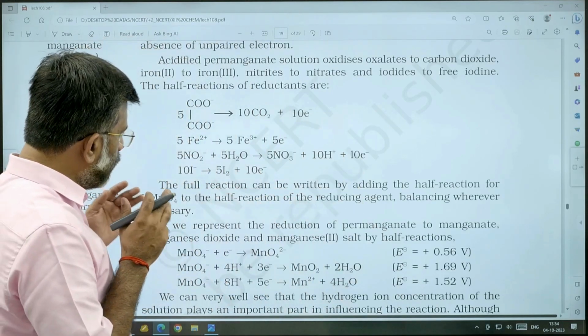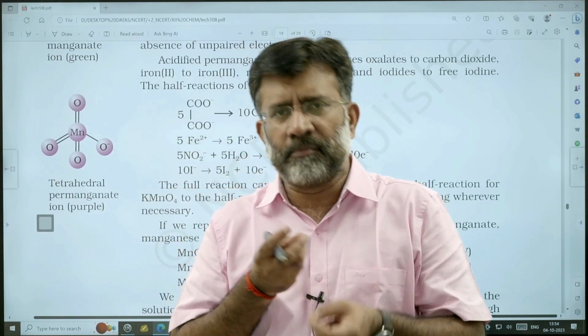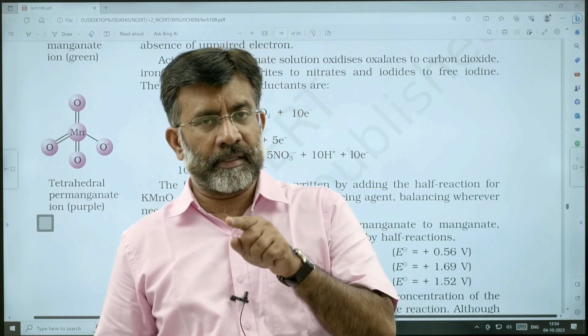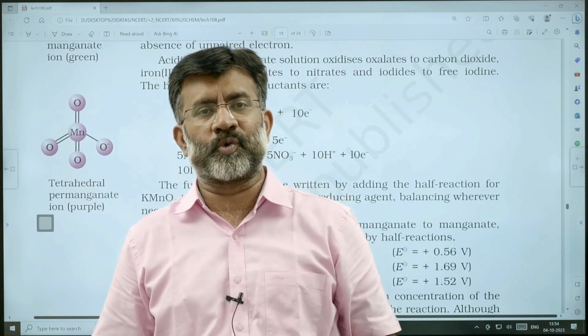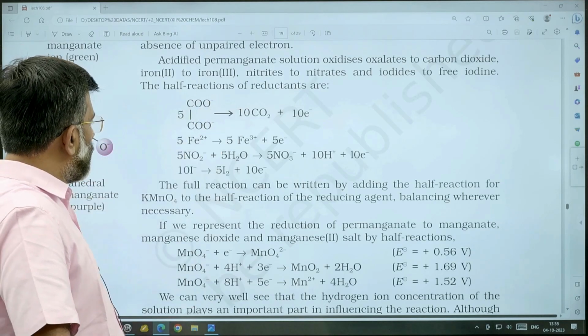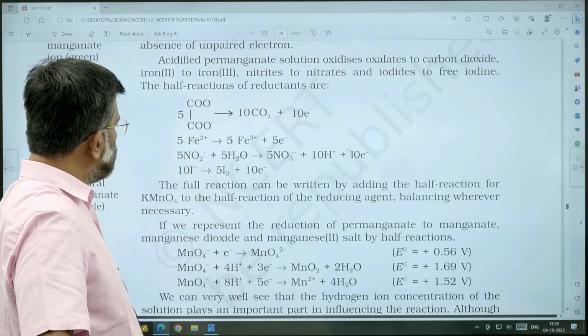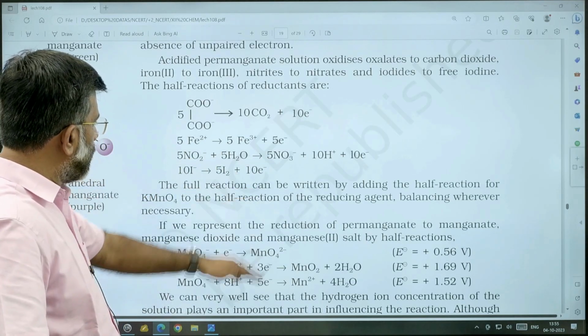In fact, the oxidizing action of potassium permanganate needs to be discussed in a bit more detail, because the oxidizing action is governed by the change in pH of the solution. You see, oxalate is oxidized to carbon dioxide, ferrous to ferric, nitrite to nitrate, iodide to iodine.